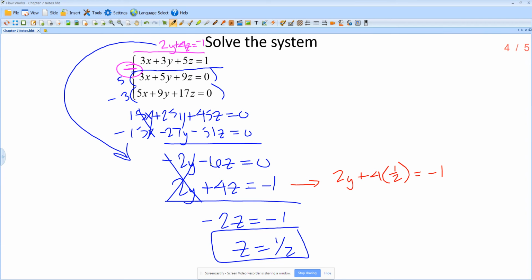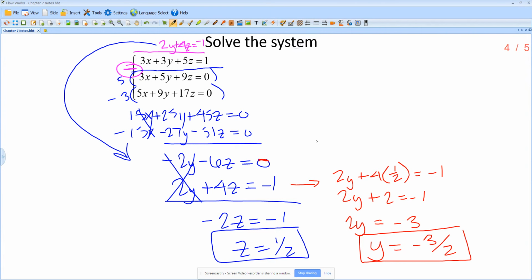This has a negative, and you're not particularly awesome at negatives, so you have some strategies here where maybe you can try to avoid making that mistake. I get 2y plus 2 equals negative 1. So 2y equals negative 3. So y equals negative 3/2, another scary fraction.